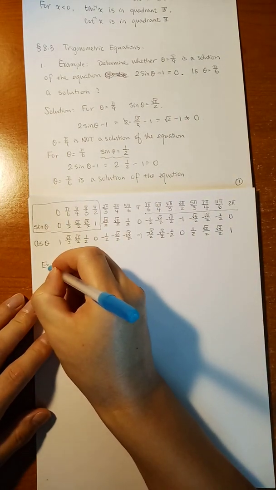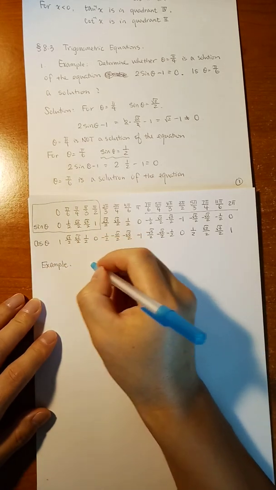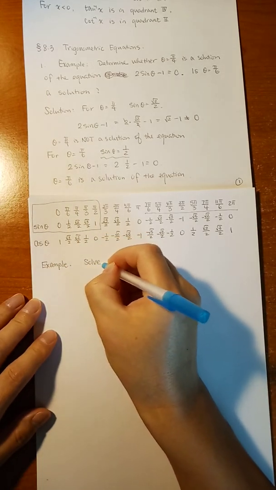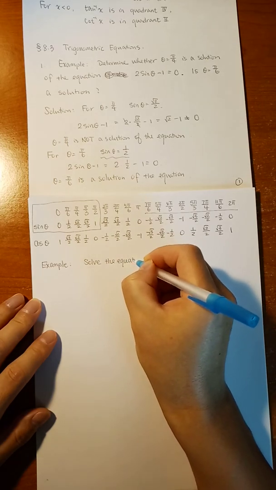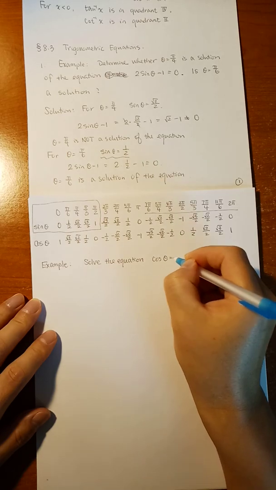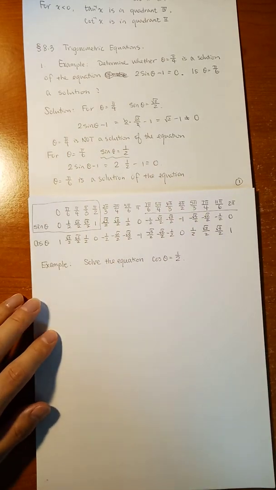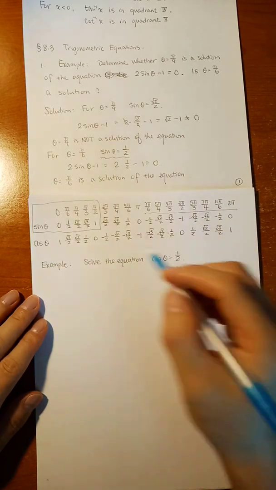Example. Solve the equation cosine theta is equal to 1/2. Cosine theta is equal to 1/2.